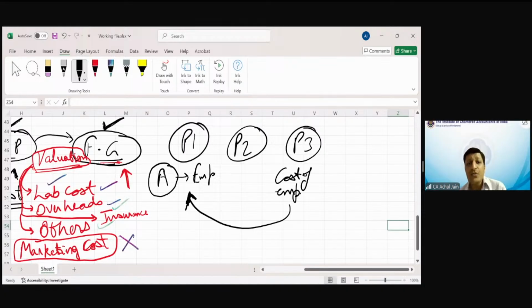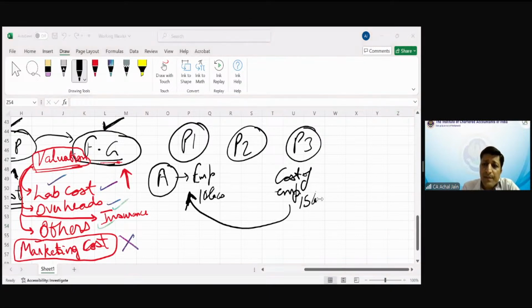And if the nature is correct, means in terms of the items which are loaded to the cost of the inventory, then is their amount correct? Why? Because cost of employees of plant 1, let's suppose is 10 lakhs. Cost of employees of plant 3, let's suppose is 15 lakhs.